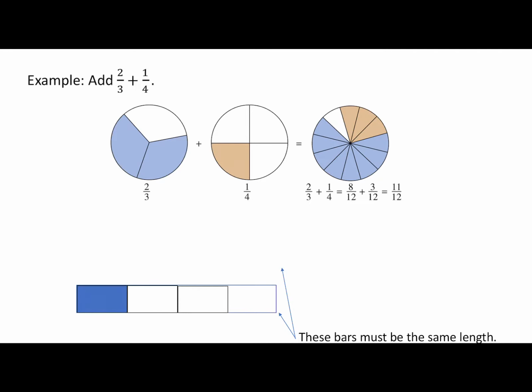Here, that means that I need to cut each of these pieces on the left into 4 pieces, for a total of 12 pieces there. And in the second fraction, I want this also to be broken into 12 pieces. So that means each of my 4 pieces need to be broken into 3 pieces.